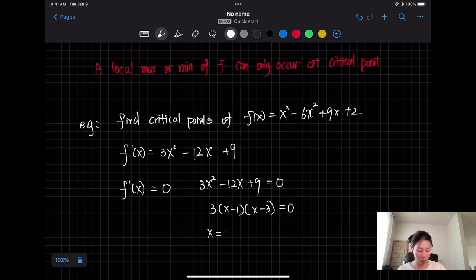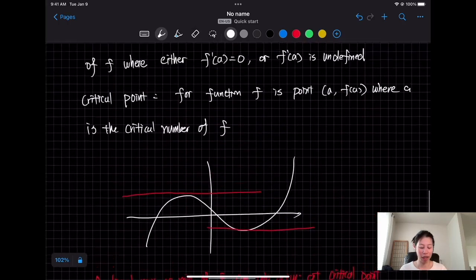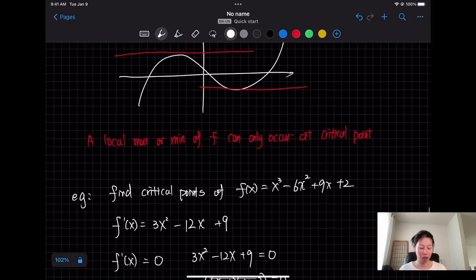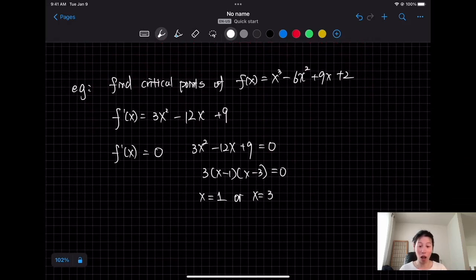So the critical number would be x equals 1 or x equals 3. Remember, you still need to consider where the derivative is undefined, but since all x are defined, there's no place where f prime is undefined because there's no restriction on the domain. So we find the critical numbers at x equals 1 or x equals 3.